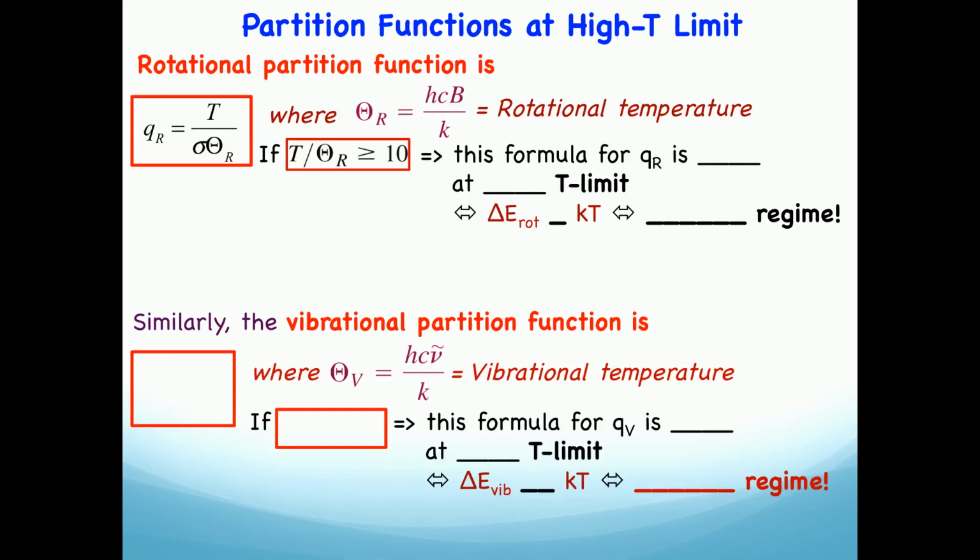So it's T divided by sigma, which again equals 2 for homonuclear molecules, whatever, for the similar type of atoms in the molecule, it's 2, and 1 when it's different atoms in the molecule. And at these conditions, this formula works for Q_R. Help me to fill this blank. So this formula for Q_R is what? At some special T limit.